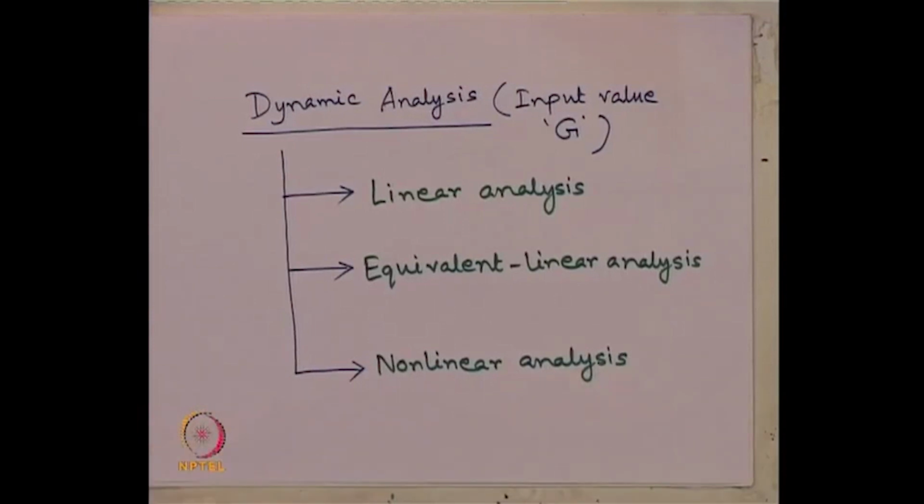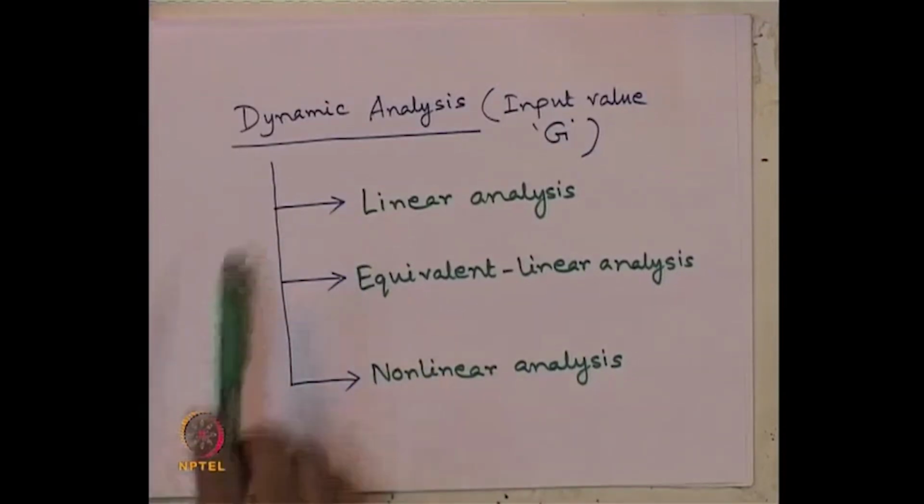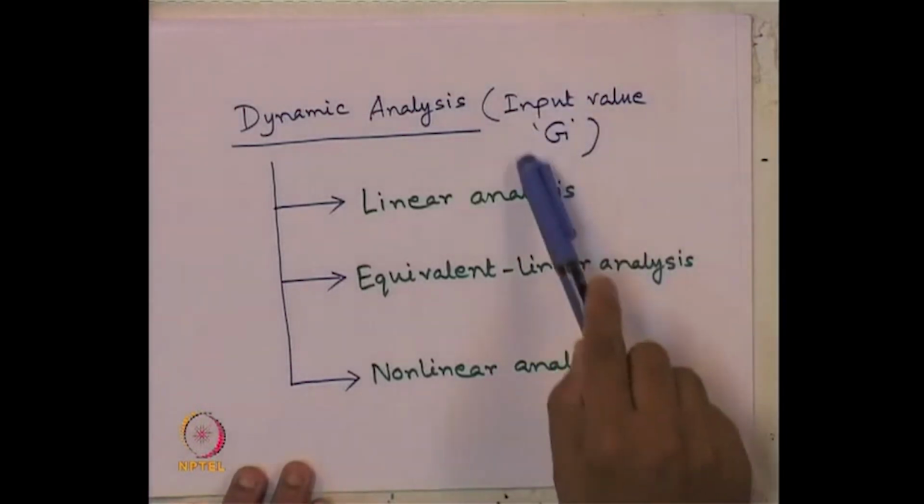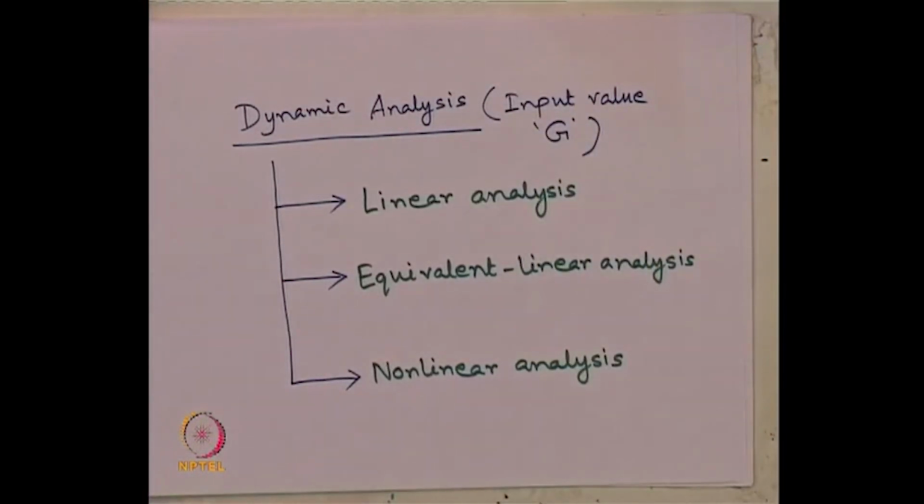Now, how has this classification of dynamic analysis into three major categories been made? That is because of the input value of G which you are using for your analysis.